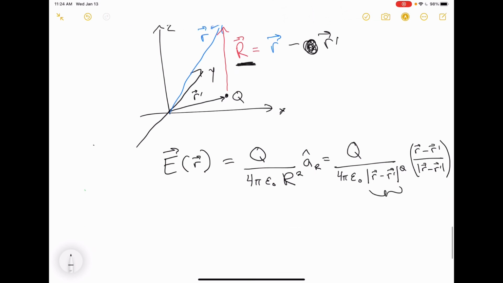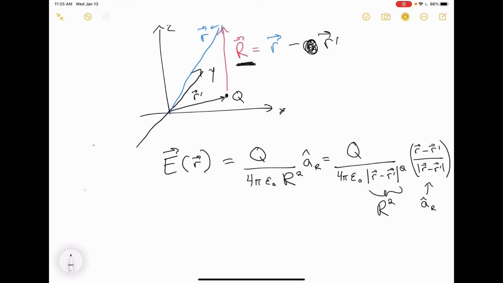So this magnitude is the value of R squared, and this term right here is our unit vector expressed in terms of the individual positions of the charge and the observation point.